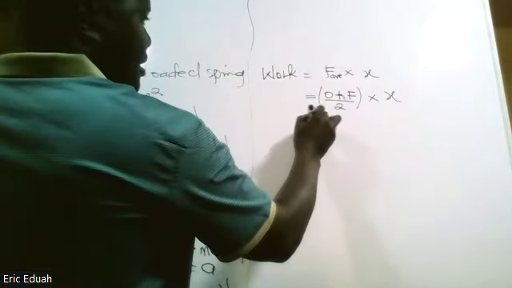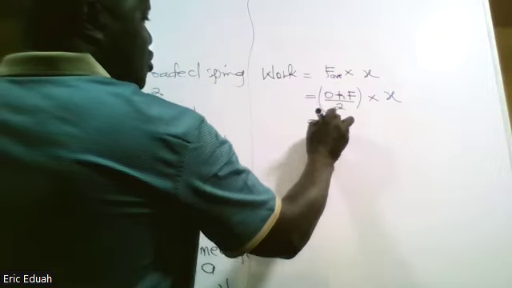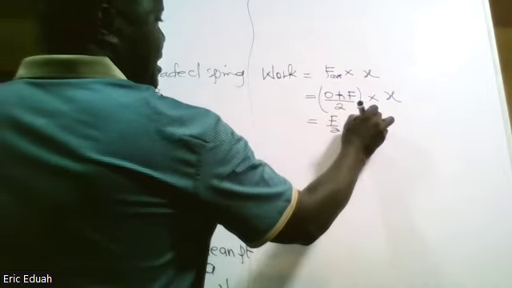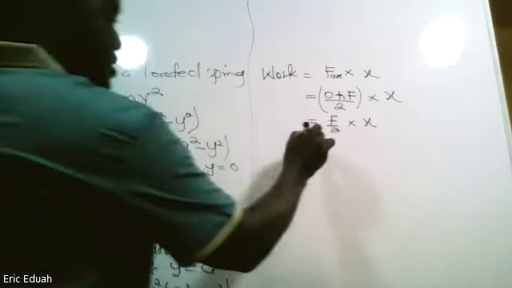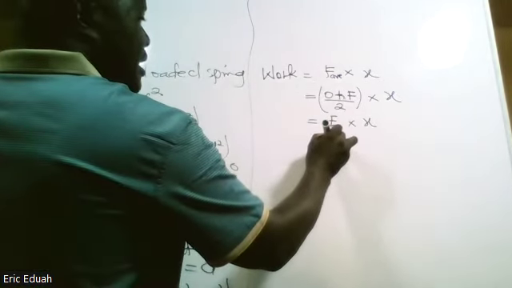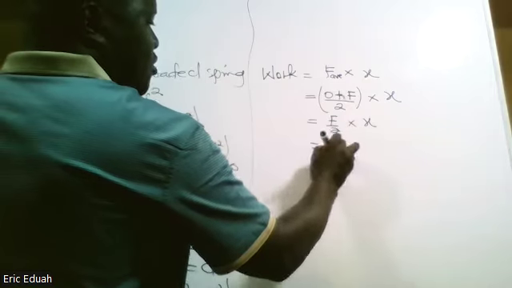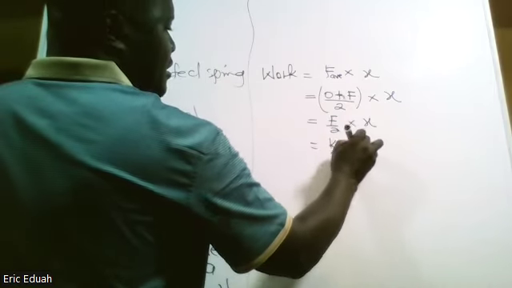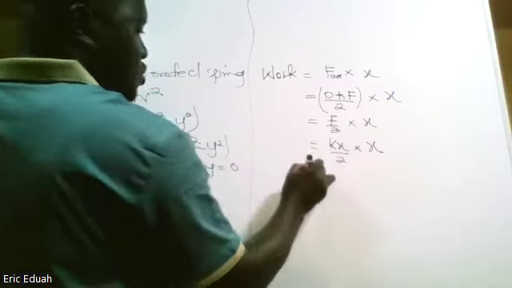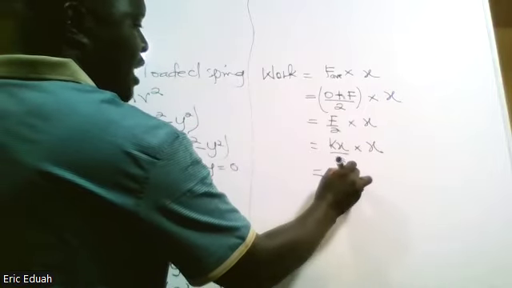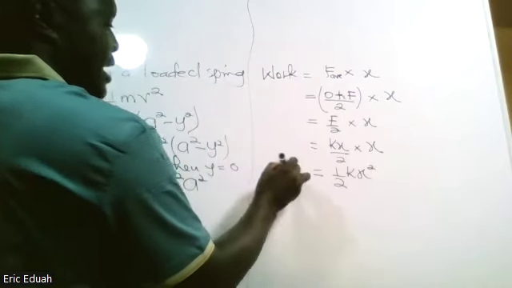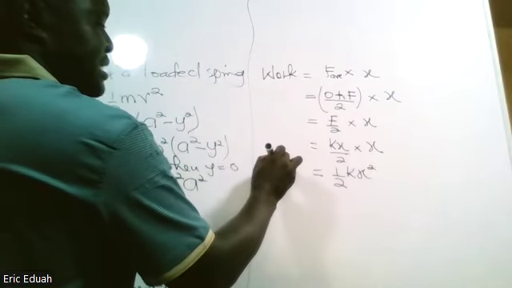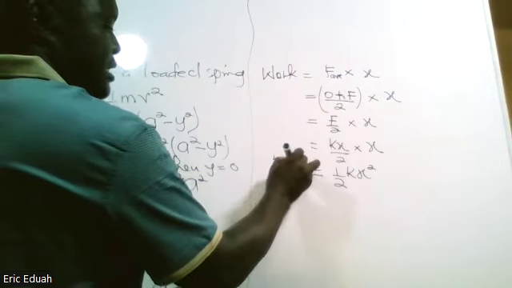So we have the average force to be F on 2 times x. Now by Hooke's law, what is F? F is kx, so kx over 2 times x. So we have the work done equal to half kx squared. And this is the elastic potential energy.